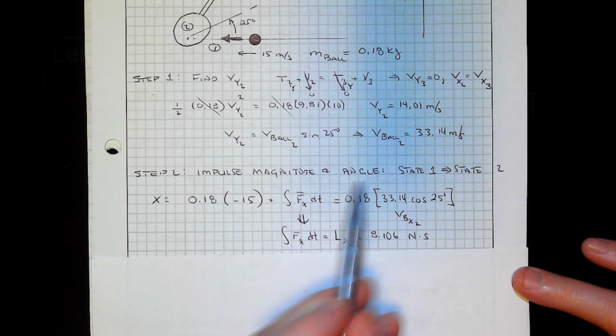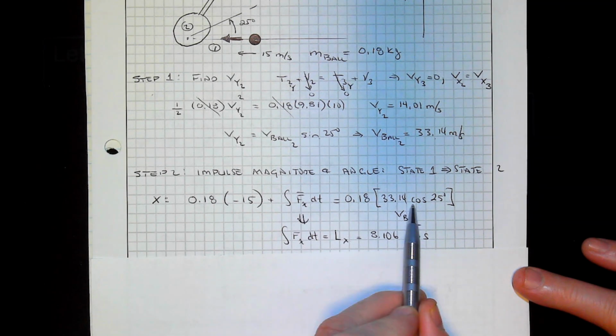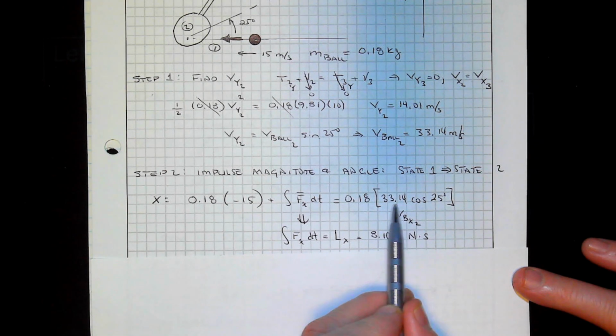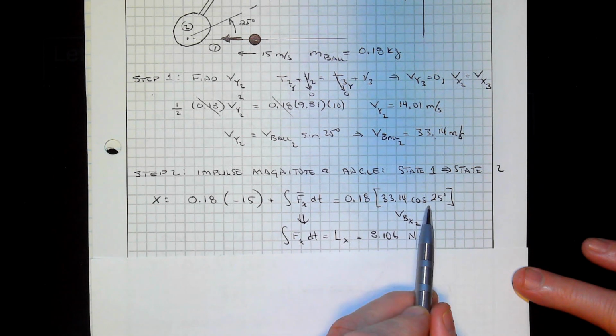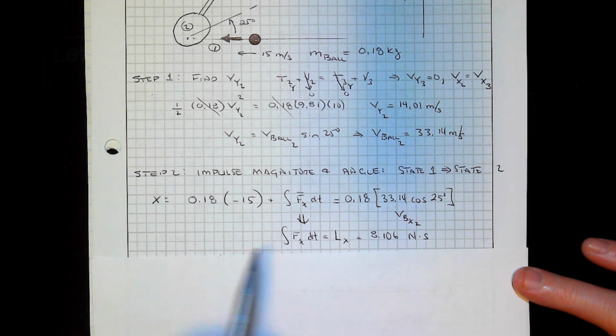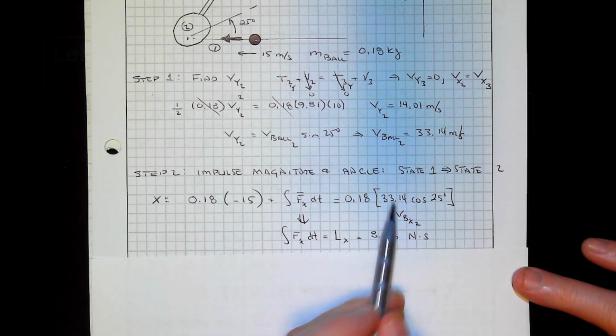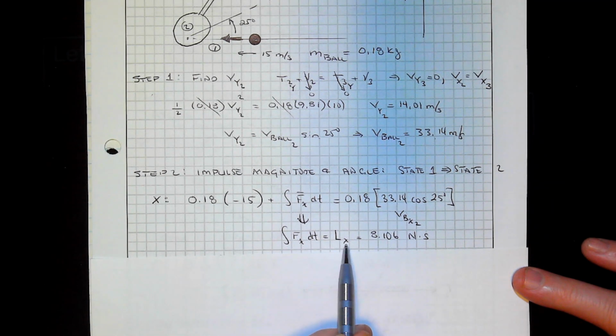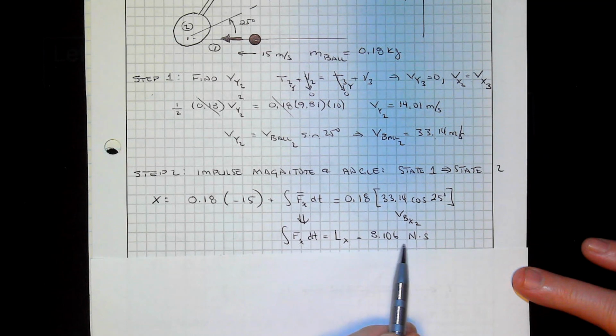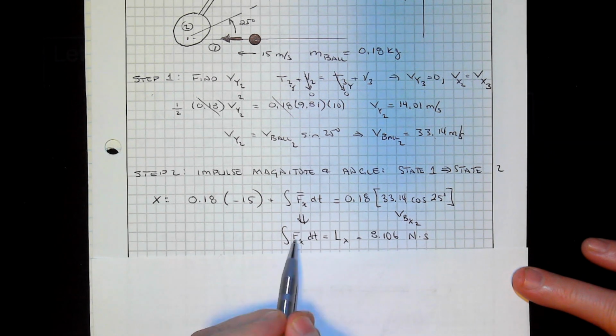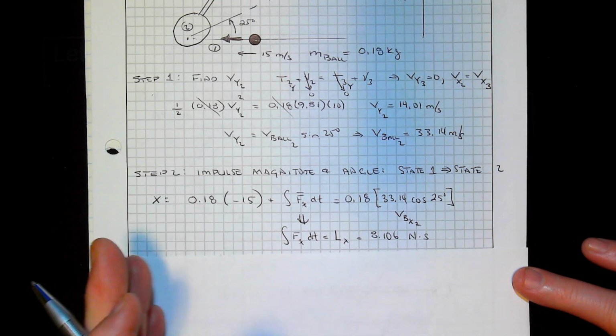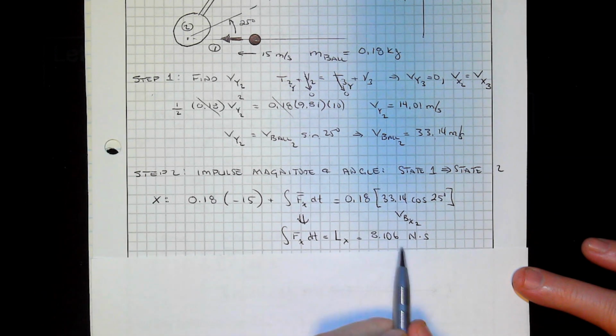I do know the output, mass, and here's the velocity of the ball along the x, 33.14 cos 25 degrees. So I can plug that in, solve, and I get the impulse along the x of what the racket did is that amount. Have no idea what those forces and what the time of the integral is. Don't know. Don't care. But that's what it equals in the end of the day.